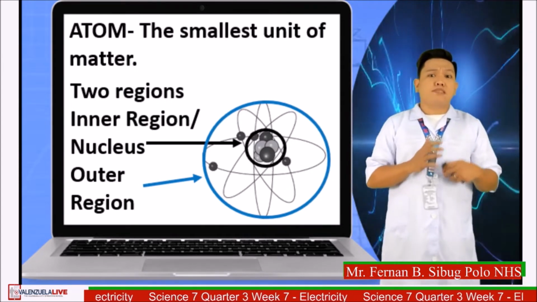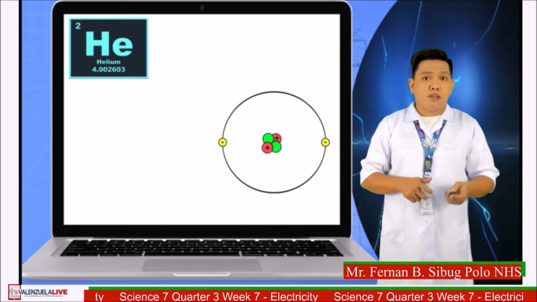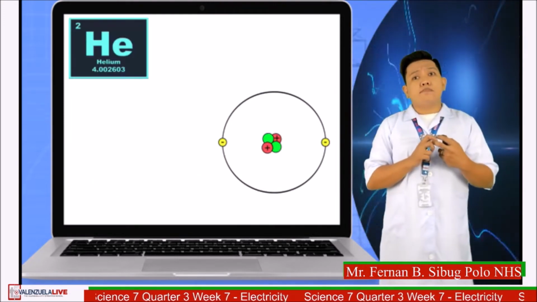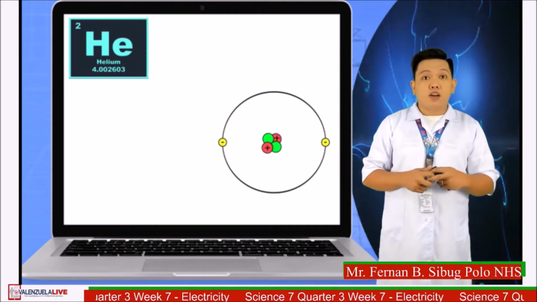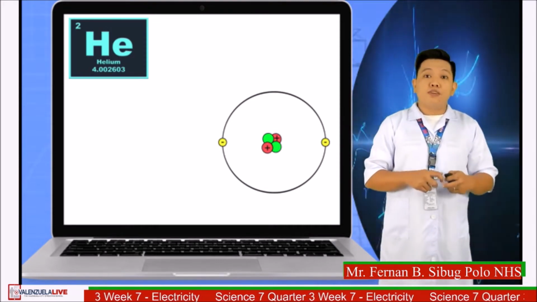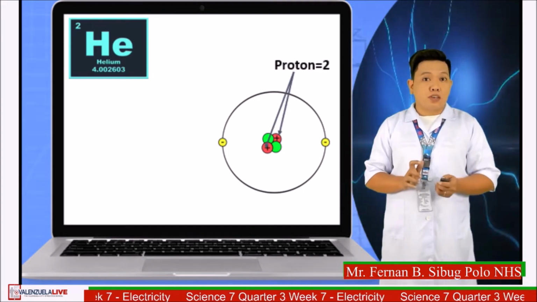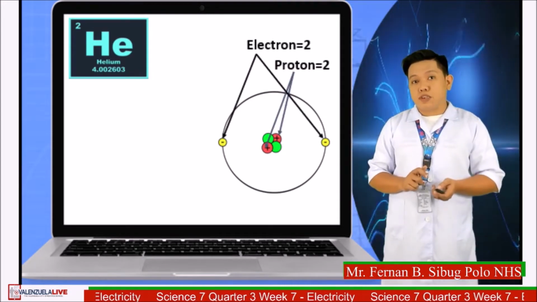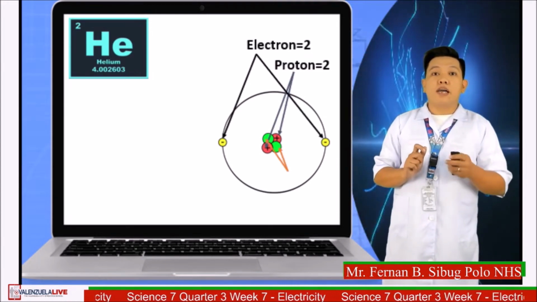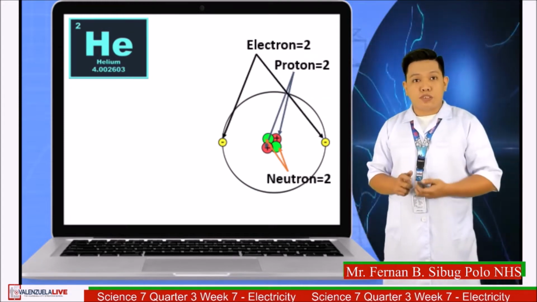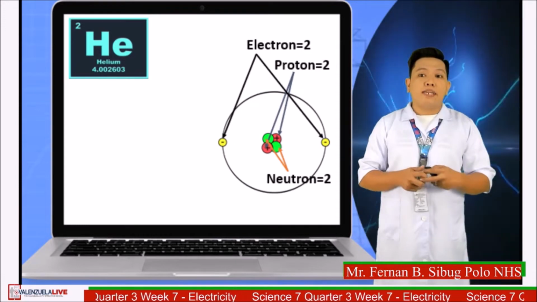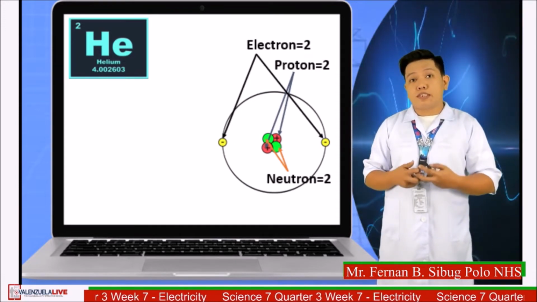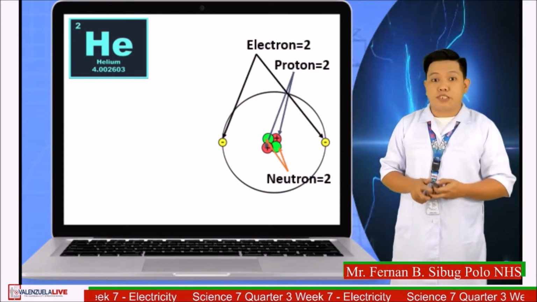Let us prove this statement through an example. A material is made of helium. Helium has an atomic number of 2 and atomic mass of 4. Therefore, it has 2 protons and 2 electrons, as well as 2 neutrons. We can determine the charge of an atom by adding the number of protons and electrons with respect to their charges.